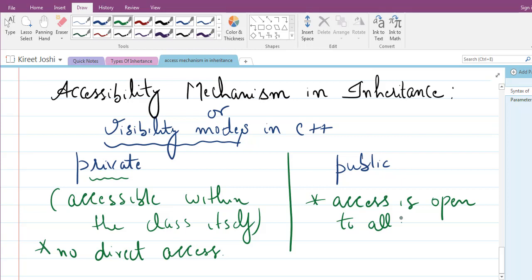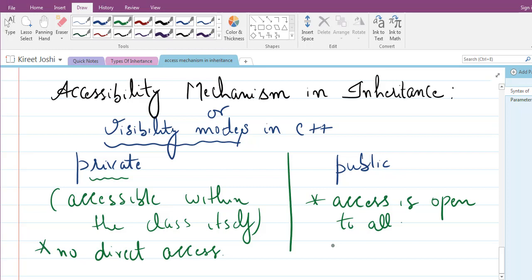Outside the class means you can use the public members directly with the help of the objects. So these two types of visibility modes or access specifiers we have just seen, and we know what they mean.